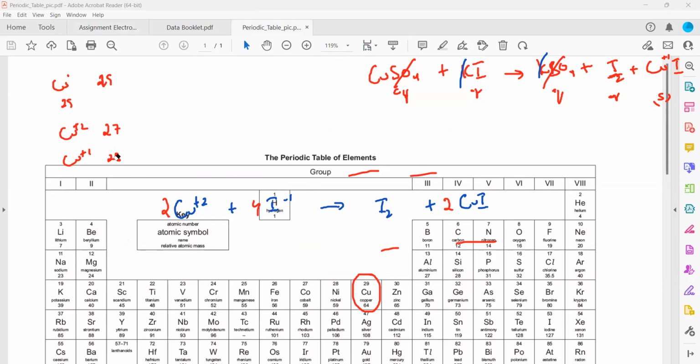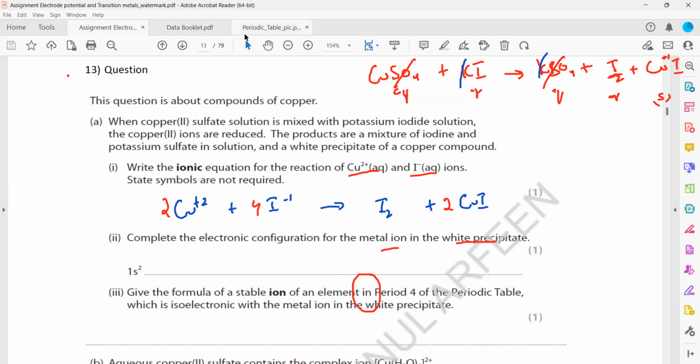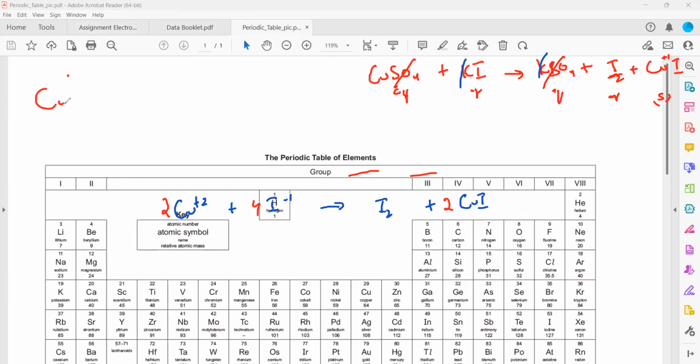So we have to write it for copper plus 1 because, as I mentioned, it is in the white precipitate. And why is it white in color? Copper 1 iodide is white in color because it does not have an incomplete d orbital. If I first write the electronic configuration for copper, which is 29: 1s2, 2s2, 2p6, 3s2, 3p6, then 4s2 and then 3d9.